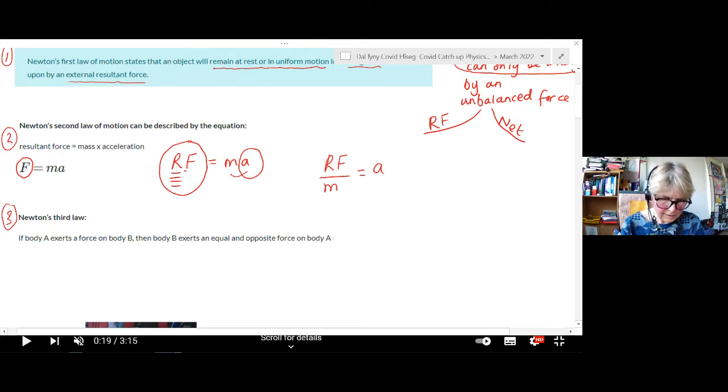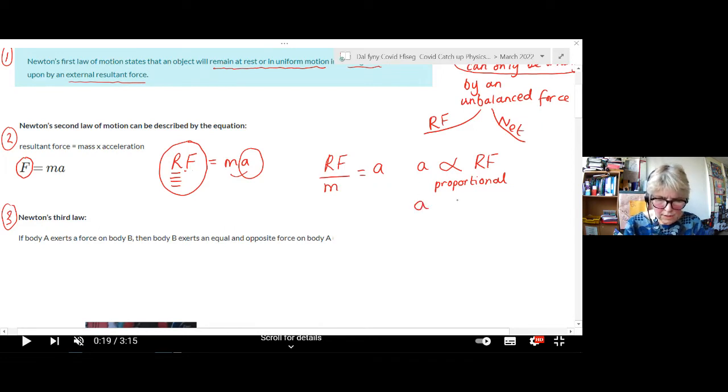Looking at it this way, we say that the acceleration is proportional. That sign means proportional, so if you double the resultant force, then the acceleration doubles, or the other way around.